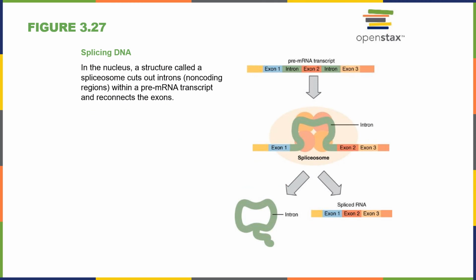All right. We have some other things that we can do inside the nucleus. We can cut out some bits, and we can add some things on either end. In this case, we're cutting out the introns, and we're going to keep the exons. Exons are expressed. This intron will just go out and get recycled or something. So we've spliced that long chain of information. There's a lot here that we're not going to get into in this course, but this is part of gene expression.